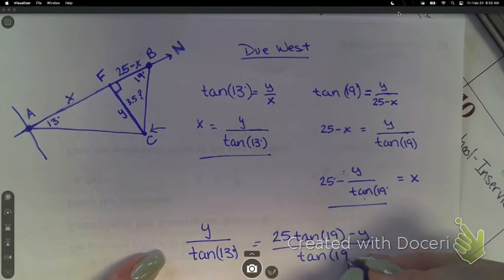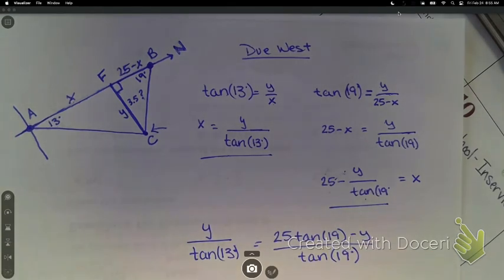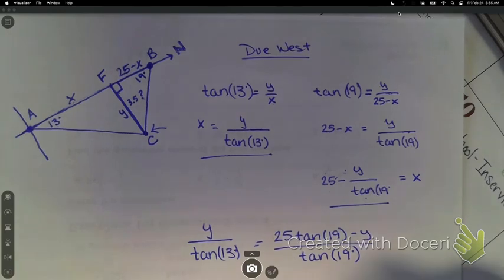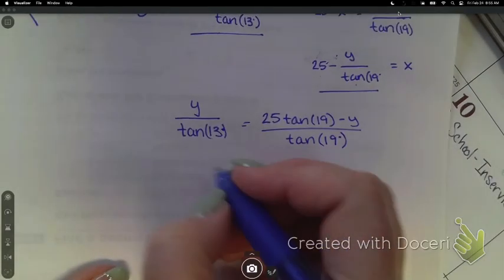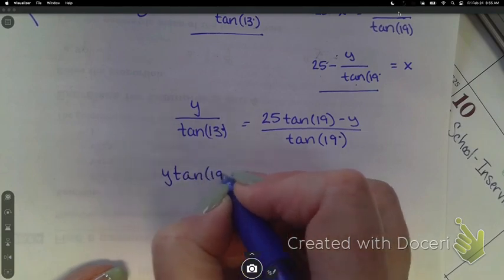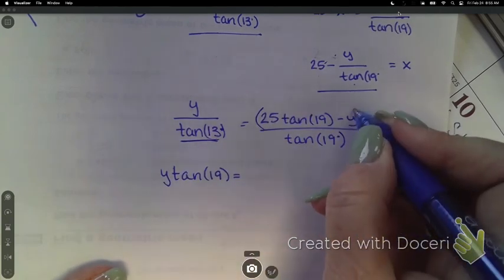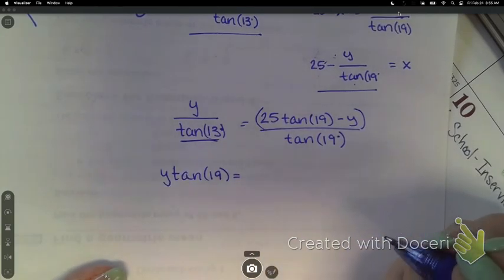So when I have a fraction equal a fraction, how do I solve it? Cross multiply? Uh-huh. So that would be y tangent of 19 equals, now when I cross multiply by this, I have to distribute, don't I? Yes.